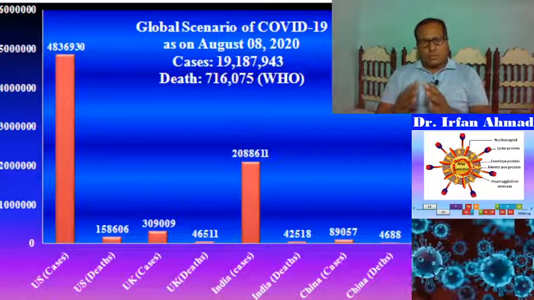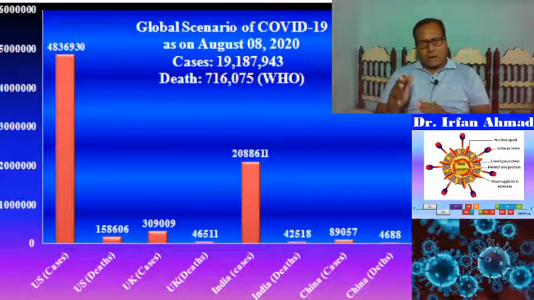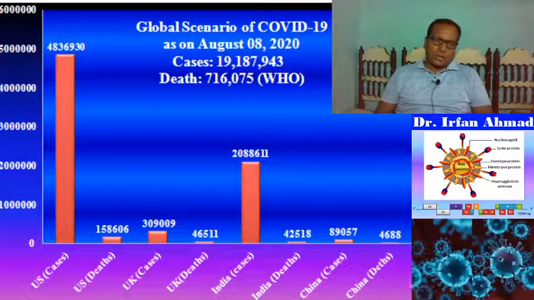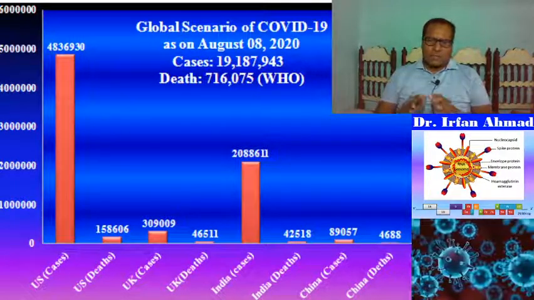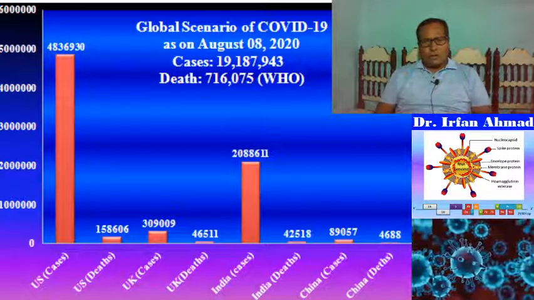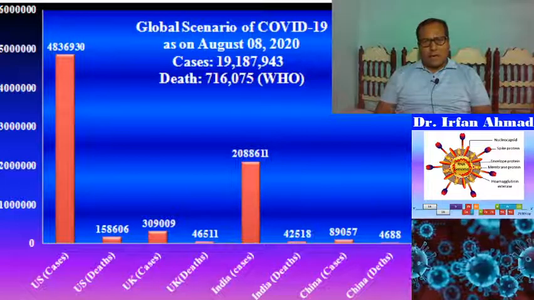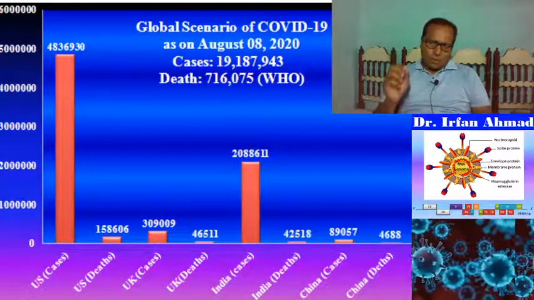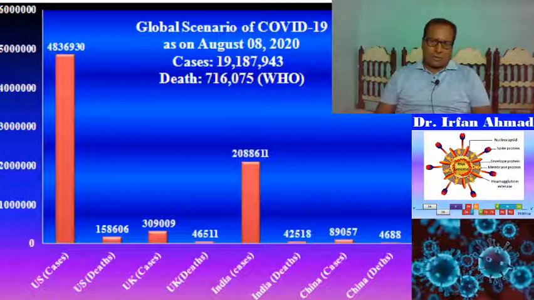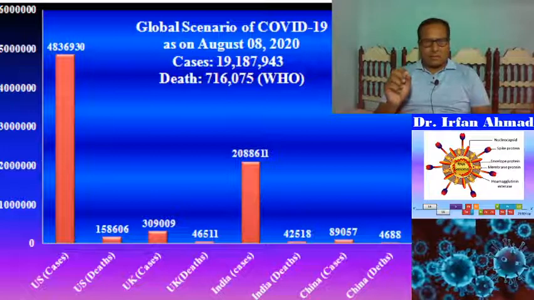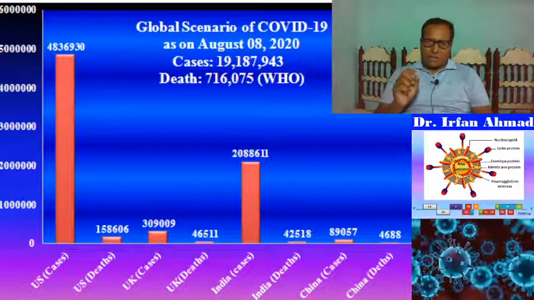So this virus started infecting from China, has spread around the world and challenged the entire health system. There is no effective medicine. There is no vaccine against this virus.